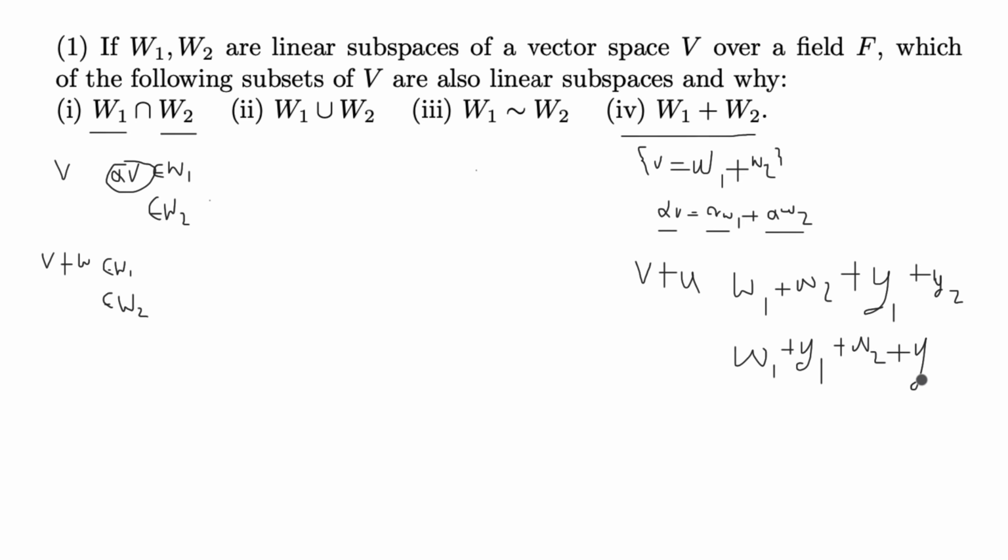Since W1 is closed under vector addition, this is a vector in W1, and this is a vector in W2, so therefore V plus U can be written as a sum of something in W1 plus something in W2. Therefore it's an element of W1 plus W2, because this is the set of all things that can be written as elements in W1 plus things in W2. With that, we've shown closure under vector addition and scalar multiplication, as well as inclusion of the zero vector. Therefore, we have shown that this is a linear subspace of our vector space V.